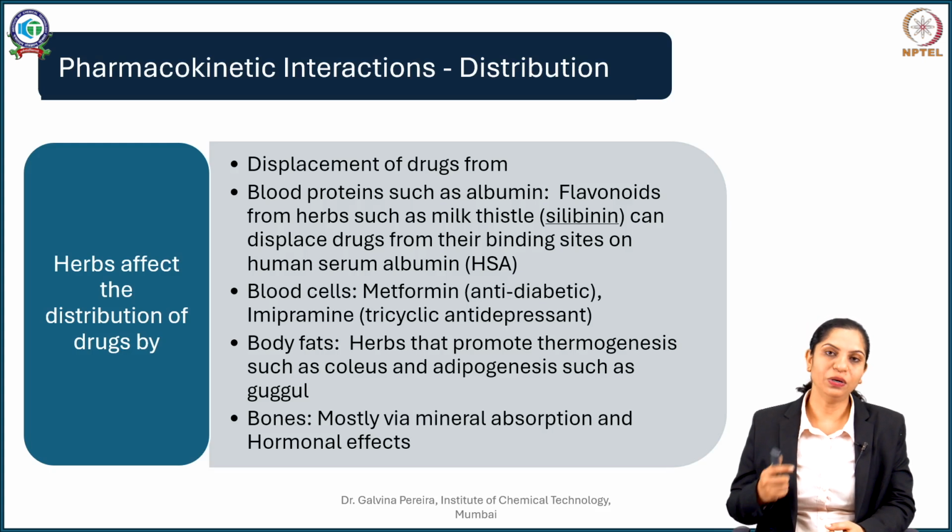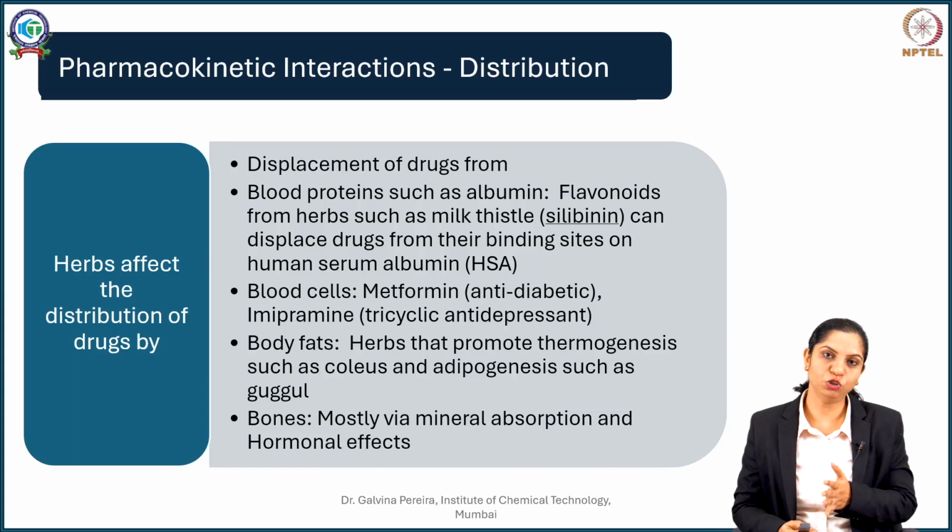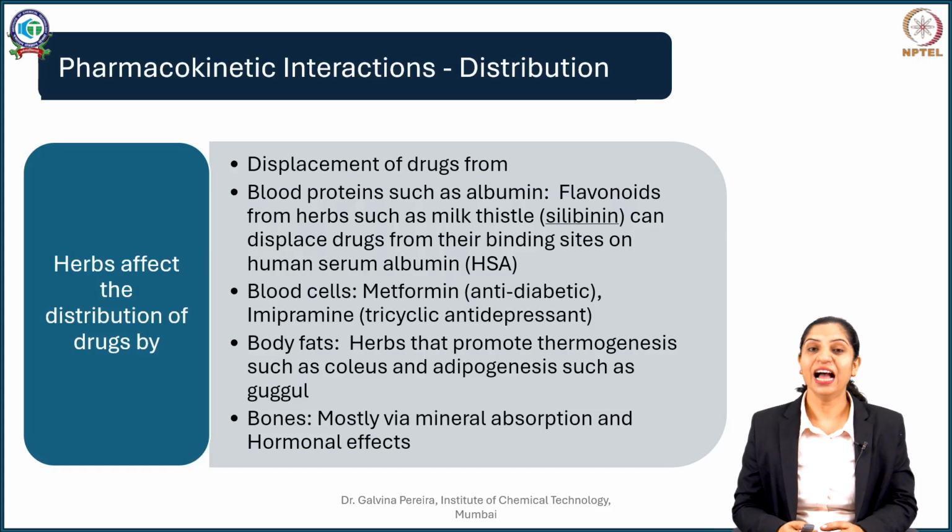Not only that, in your distribution chain, in your blood, there are certain blood cells, especially RBCs, which are more numerous. They have a good permeability for drugs such as metformin, and if you are talking about tricyclic antidepressants, especially imipramine, it has a good tendency to bind to RBC.